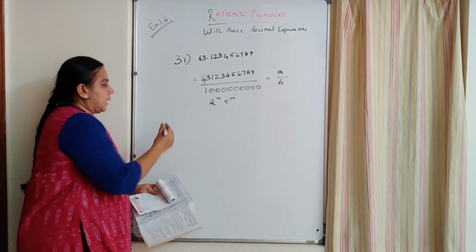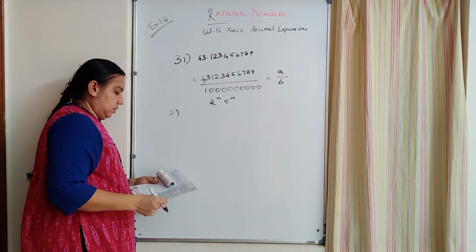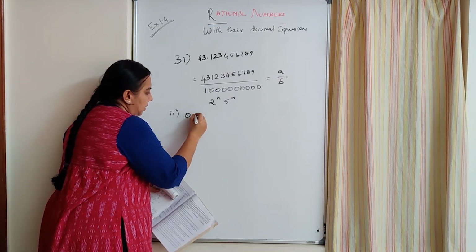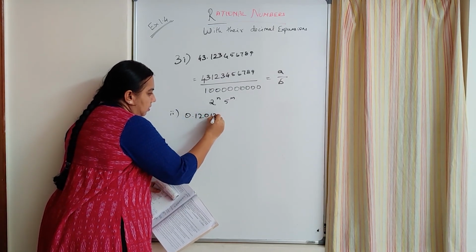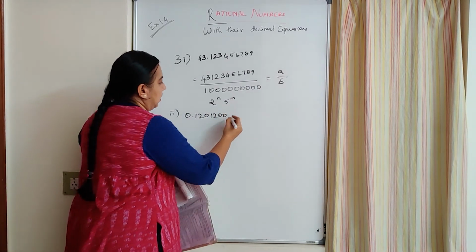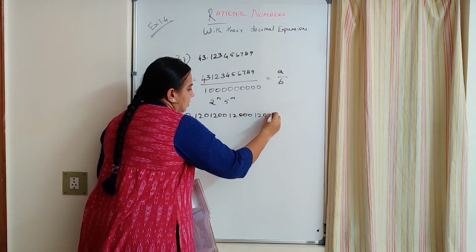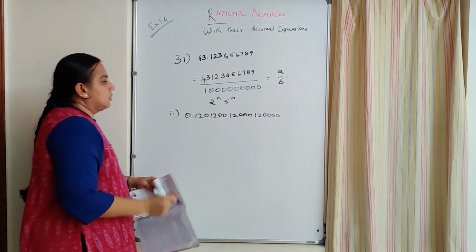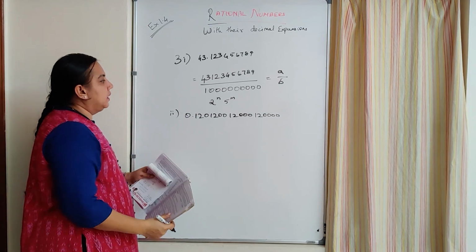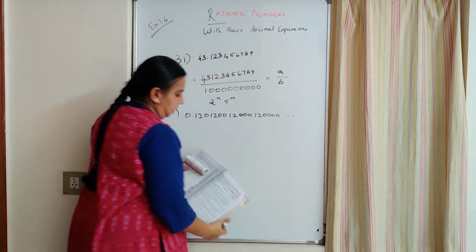Then the second sum, 0.120012000120000. This is the second sum given.